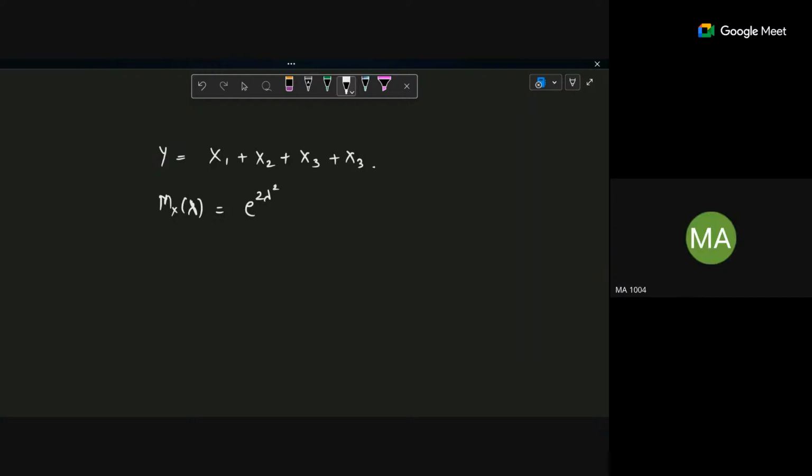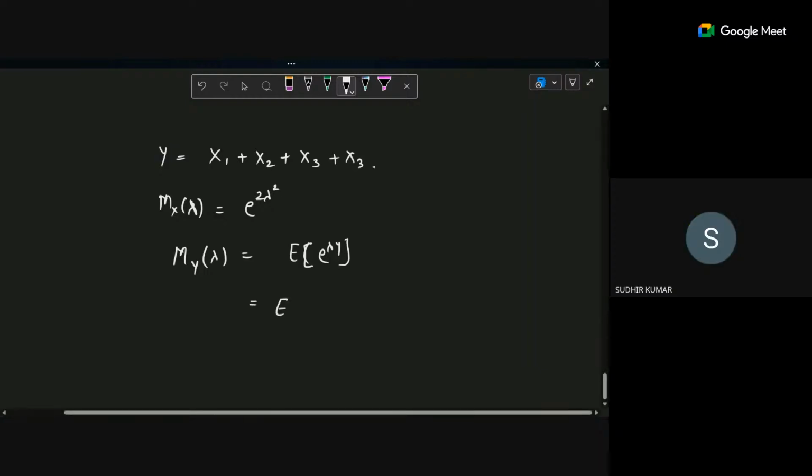So what if I first calculate the MGF for Y? That will be expectation of e to the power lambda Y, right? We can make this expression e to power 4 by 2 lambda square.